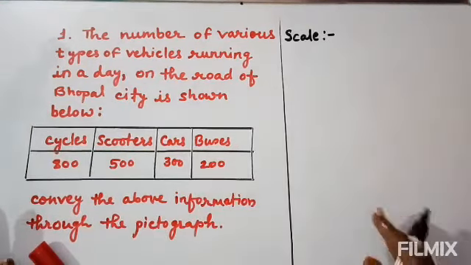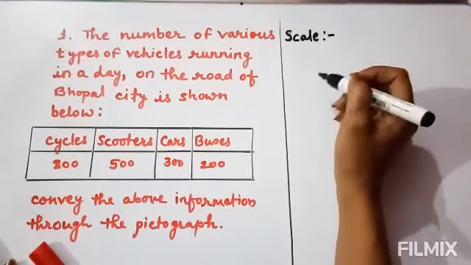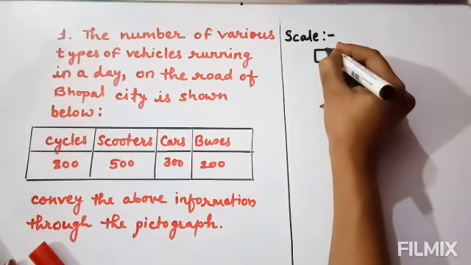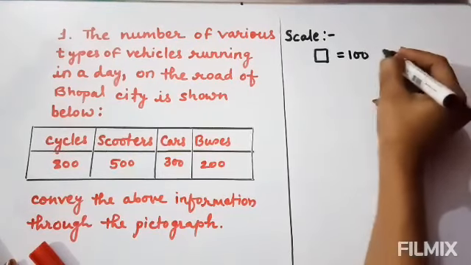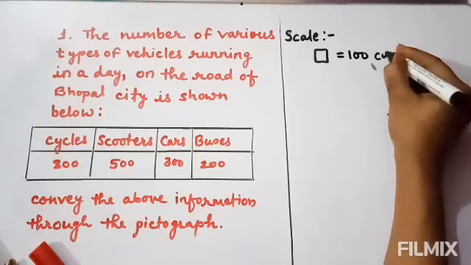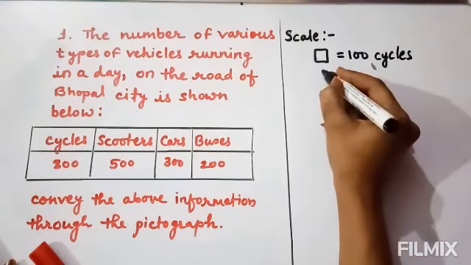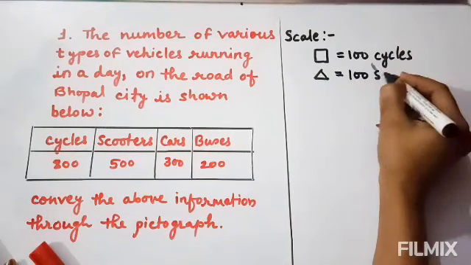Let's see how to choose the symbols. I will choose a square for 100 cycles, a triangle for 100 scooters.